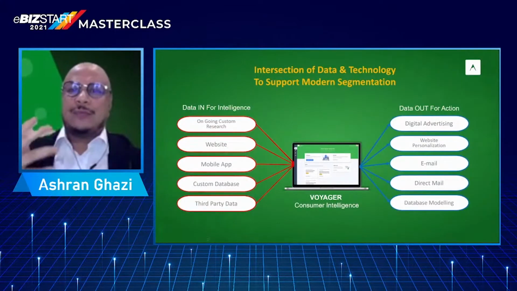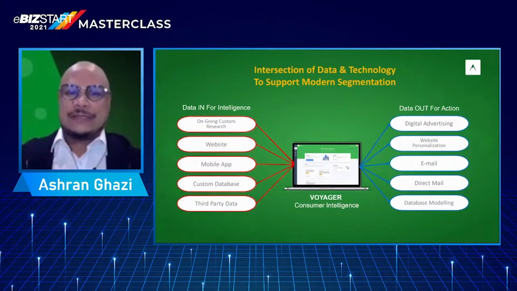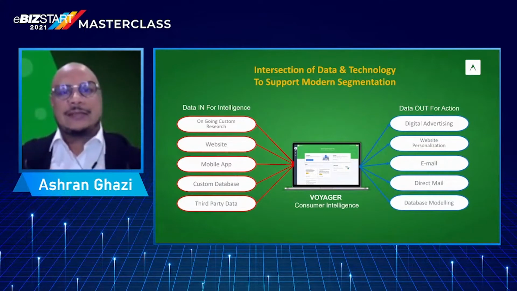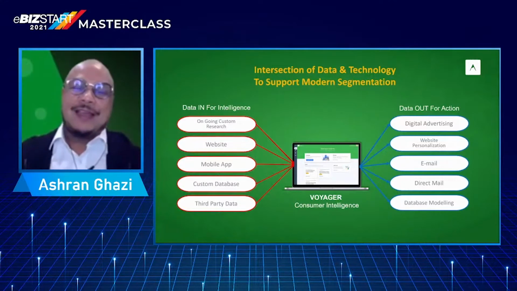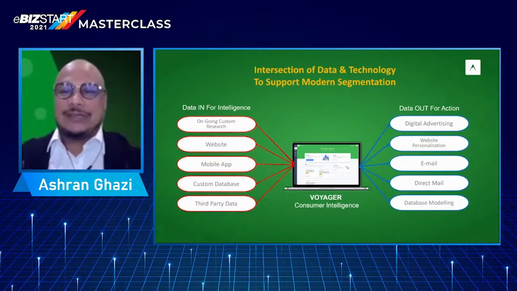One of the things we focus on in helping businesses here is that we live in a world where we intersect between data and technology to help you do modern segmentation, as we call it. There are different types of segmentation and different types of data that you apply.